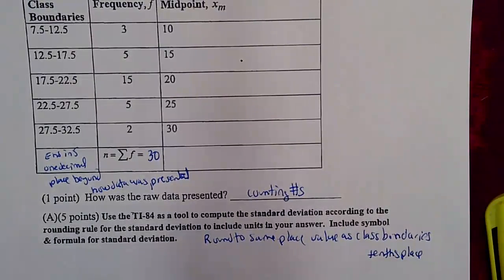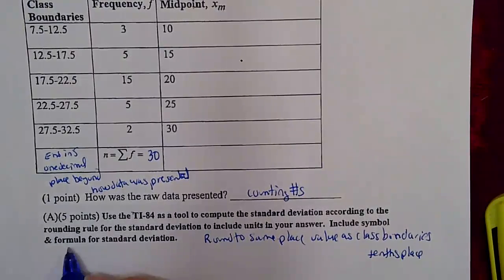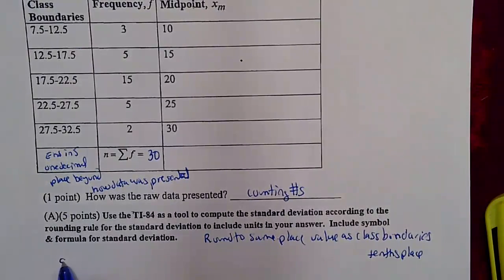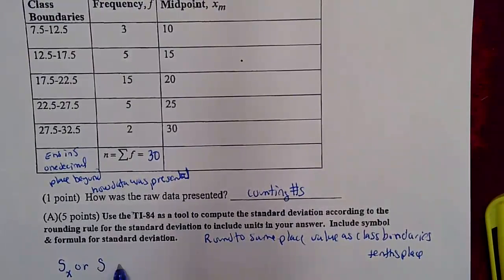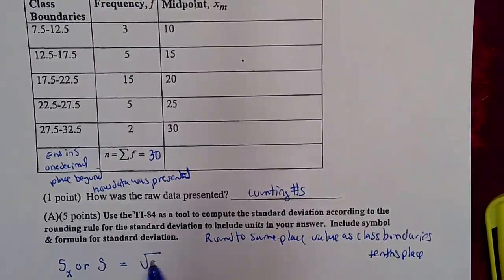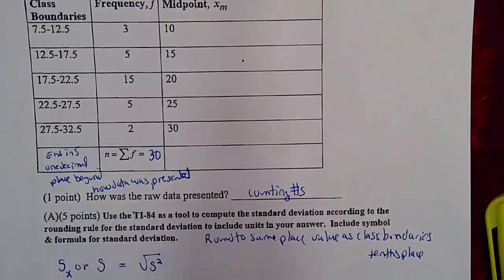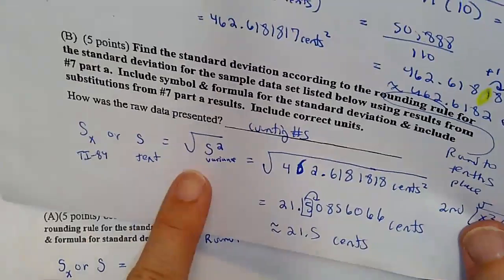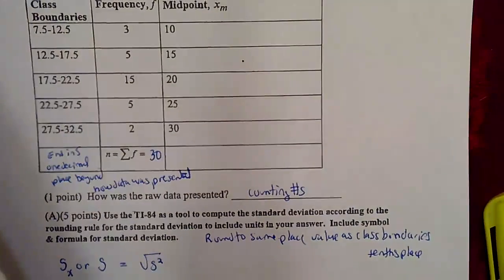Okay, so your symbol for standard deviation, you can use Sx, or you can use S. And then the formula, we saw that just previously, right? Except that was not a group frequency distribution.